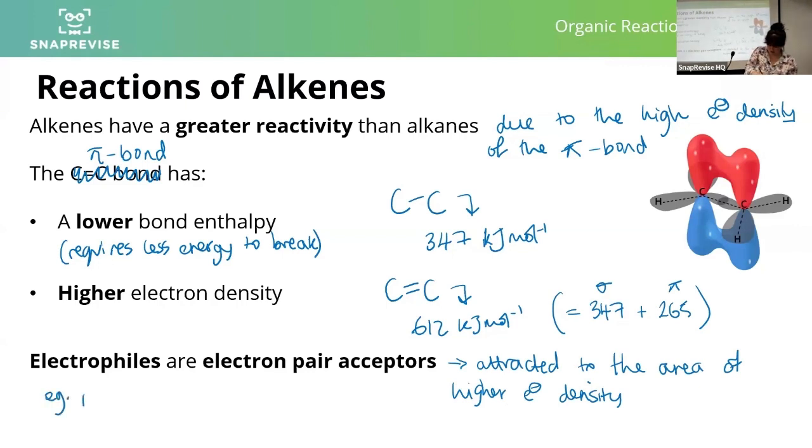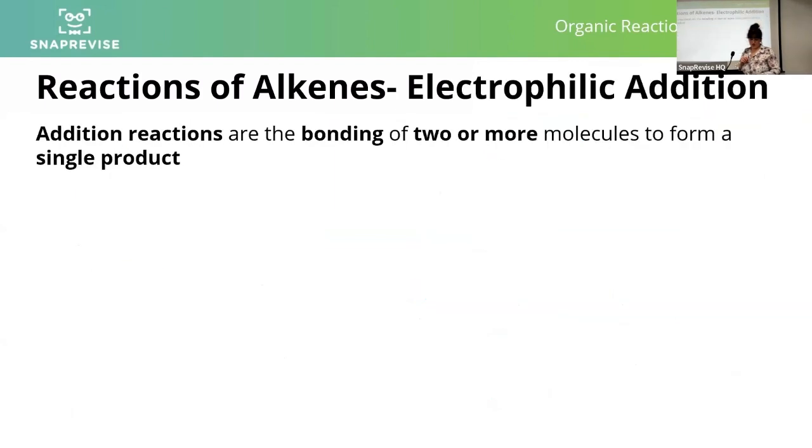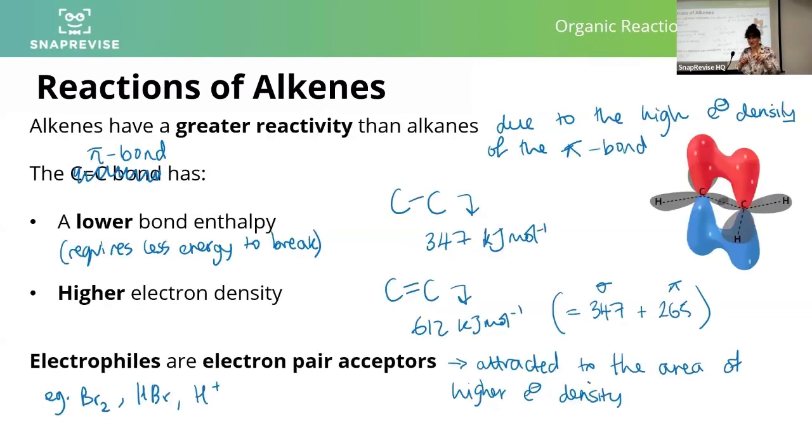Some examples of electrophiles would be things like bromine, HBr, what else is going to accept electrons, etc. Electron pair acceptors, you need to learn that definition as well, because you need to be able to recall it in an exam. That's what they're looking for.